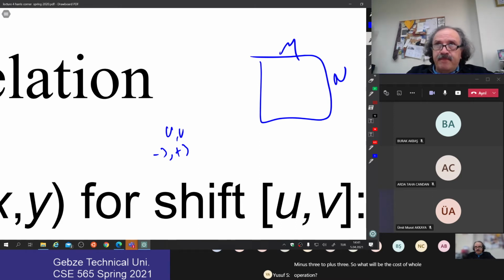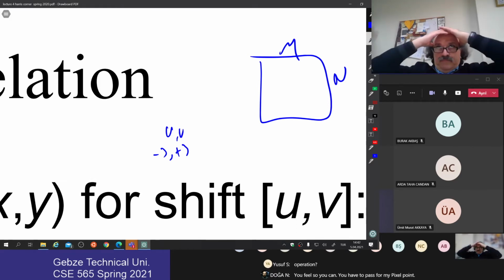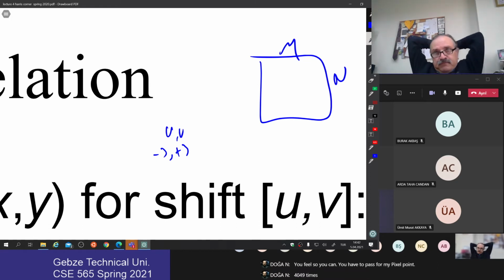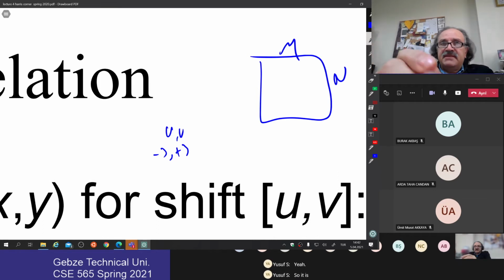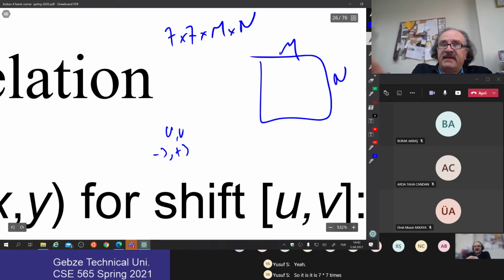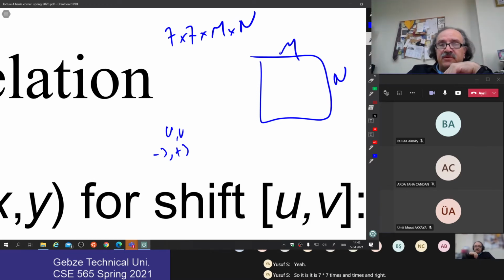E filter of E channel have to pass from a pixel point 49 times. So it is 7 times m times n, right? Yes, exactly. So this is expensive.